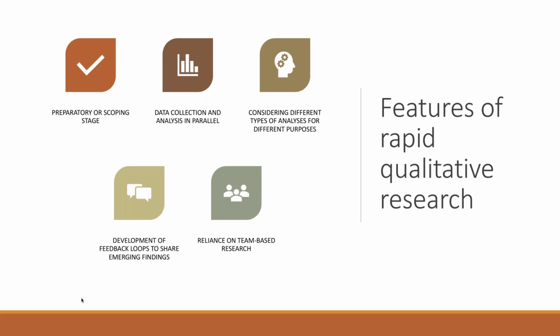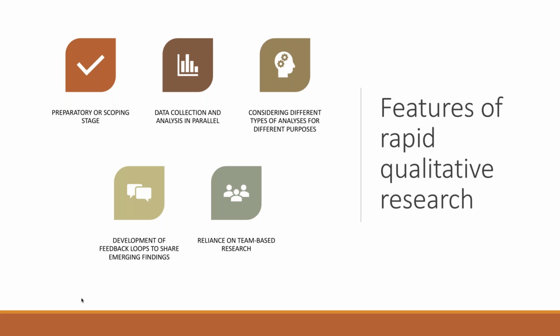A couple of other things in relation to these key features would be the fact that in many ways data analysis needs to be considered as a process that could potentially involve different layers as well. So you might be able to do some quick analysis, especially if you're doing a very rapid kind of type of feedback loop to your stakeholders. So you might be identifying key high-level, emerging findings and sharing those very quickly.